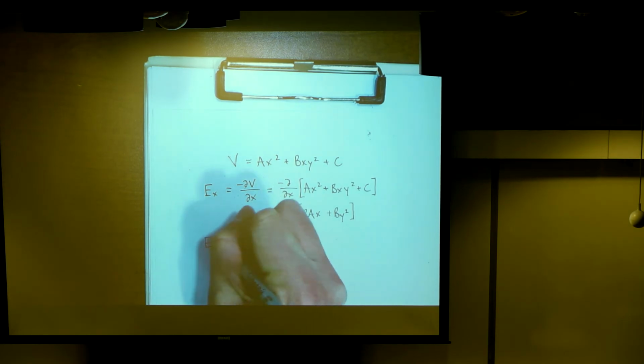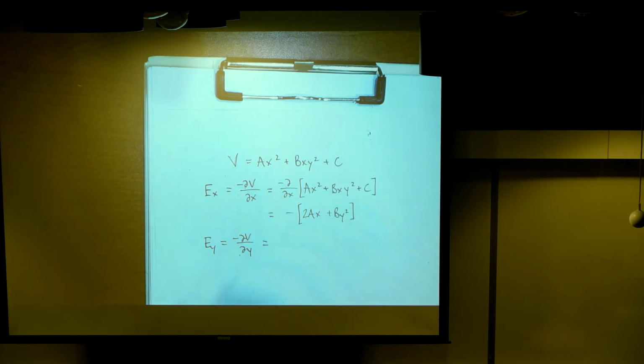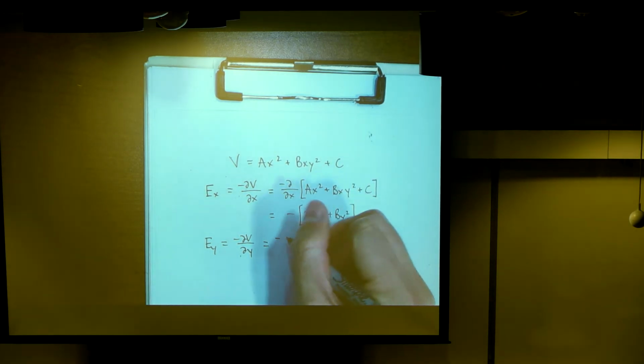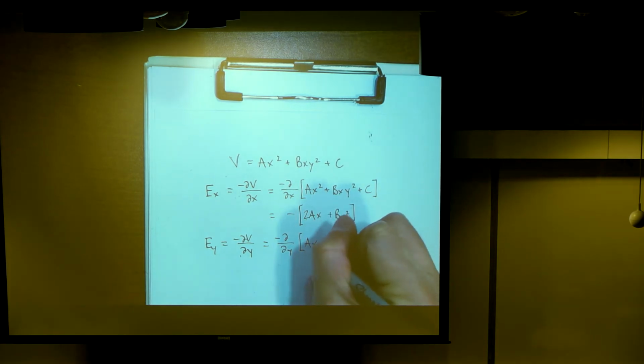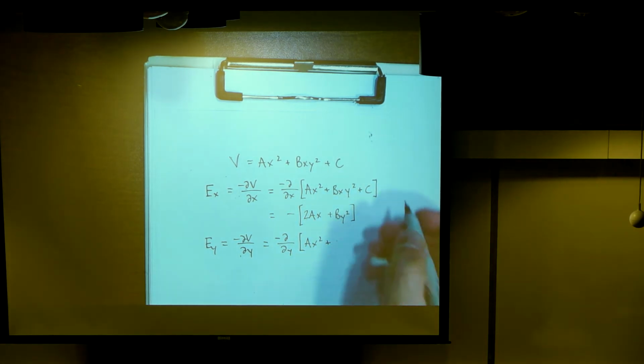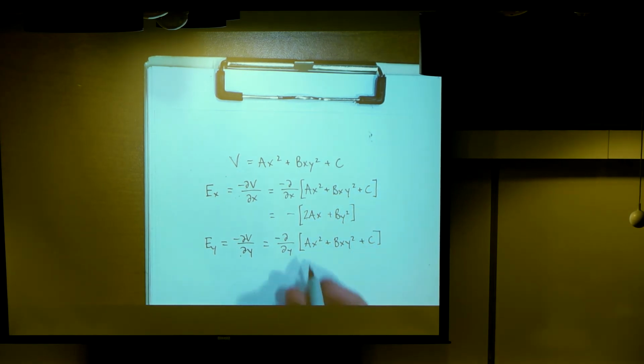E field in the y direction, do the same thing, but my partial derivative is with respect to y. So I'm just going to put the same formula in a box, and now we'll do the partial derivative with respect to y. And again, we'll go term by term. First term, ax squared. Yeah, so there is no y that appears there. So these are all just constants as far as y is concerned.